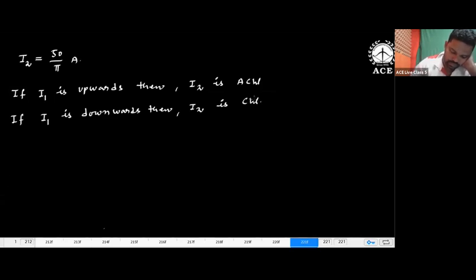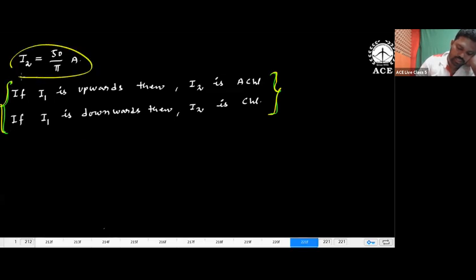So that is the thing. That is the magnitude of the current in the loop.